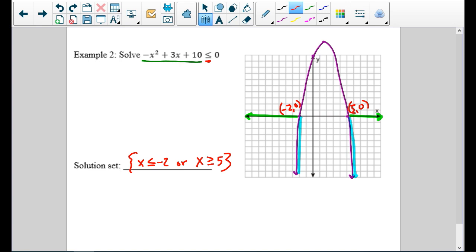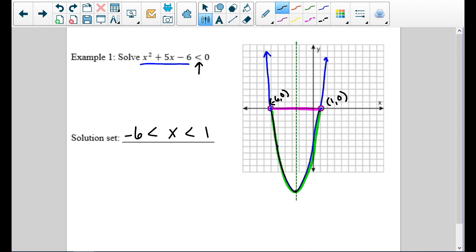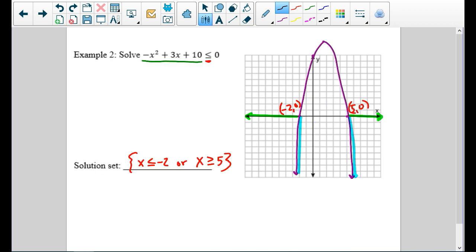Okay, so you can always put it in those brackets to show that those are your solutions. Should have done that in the first one. So again, we're looking at above the x-axis, greater than 0, or below the x-axis, less than 0, and what x values give us those solutions.